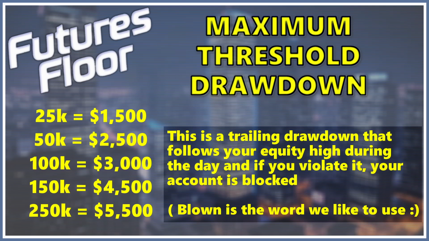And the 250K is $5,500. Pause the video, print these slides out if you need them for reference later. This is a trailing drawdown. It follows your equity high during the day. If you violate it, your account is blocked. You know what that means? Your account is blown. That's the word we like to use.